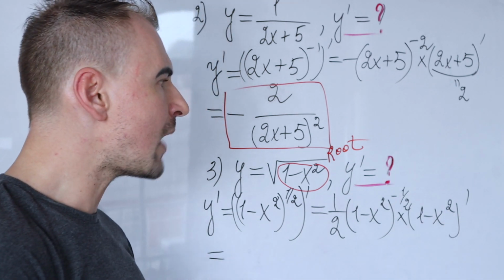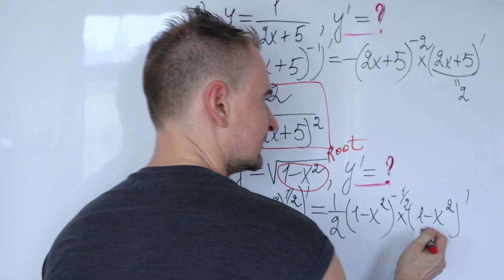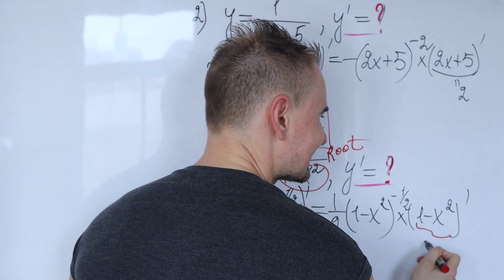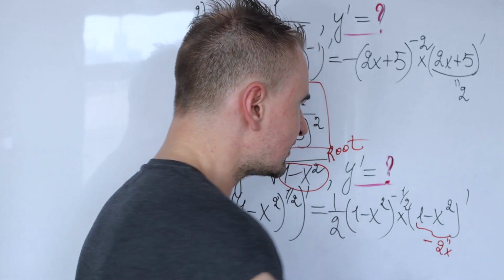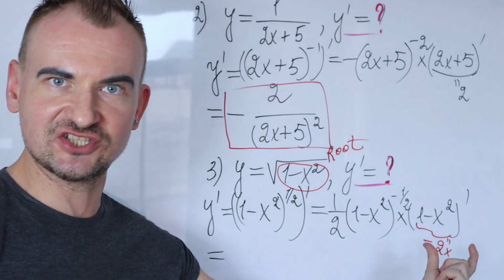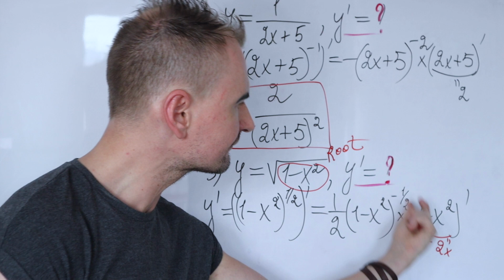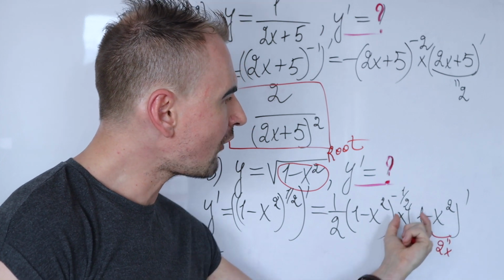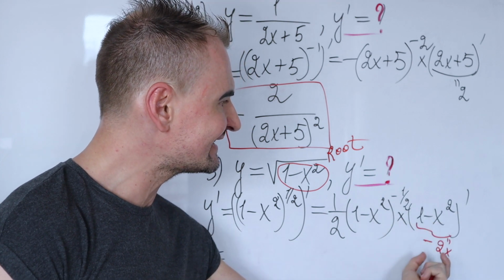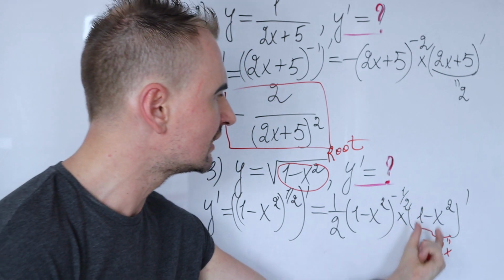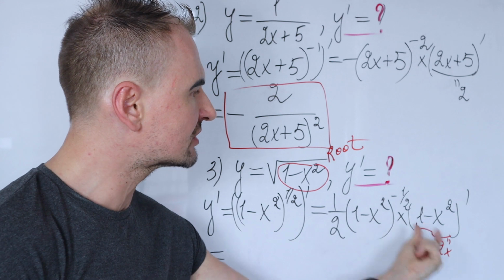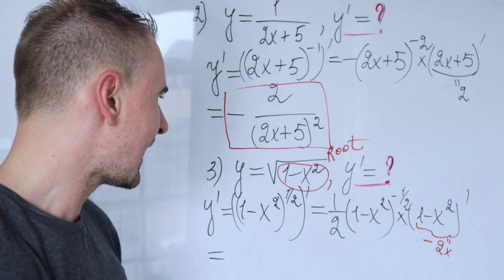The derivative of 1 minus x squared is going to be just negative 2x, since the derivative of 1 is just 0, it's a constant. And the derivative of negative x squared is negative, so you have to keep this negative in front. You bring this power out front, so negative 2x.